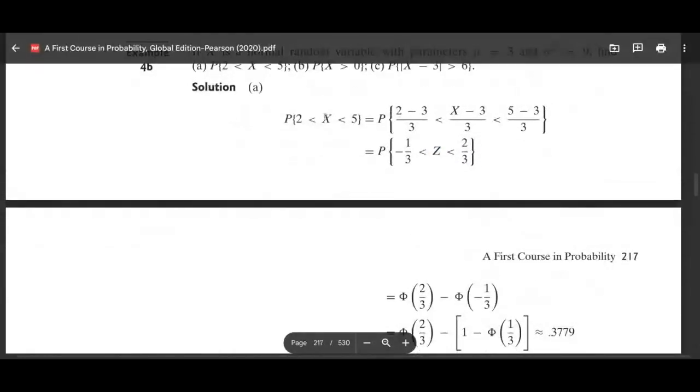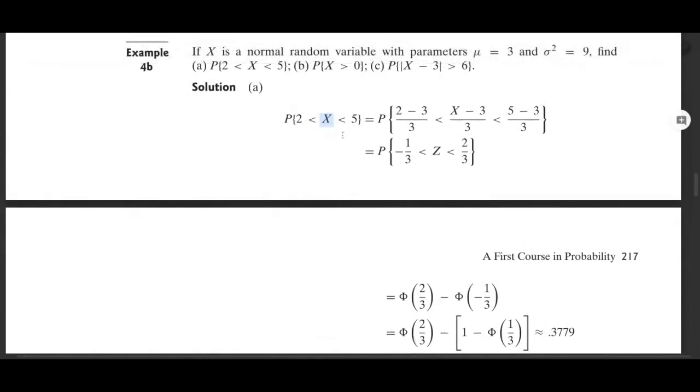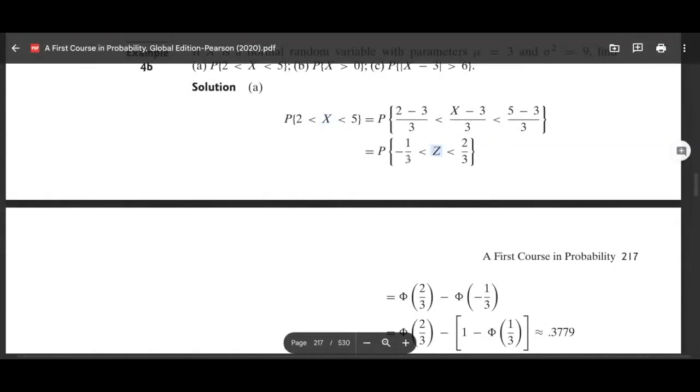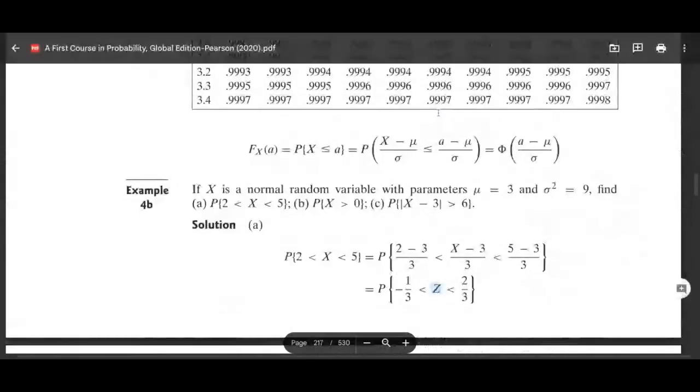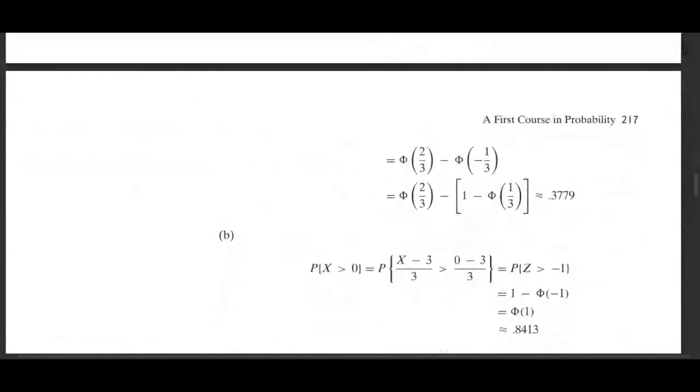Then the outliers, right? So basically, X in between 2 and 5 is the same as the z-score in between negative 1/3 and 2/3. And we can calculate this, because this is defined for Z. So let's see, from the function getting negative 1/3, what's negative 1/3?